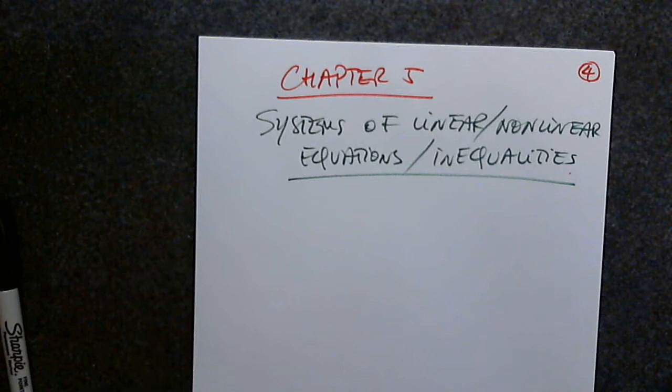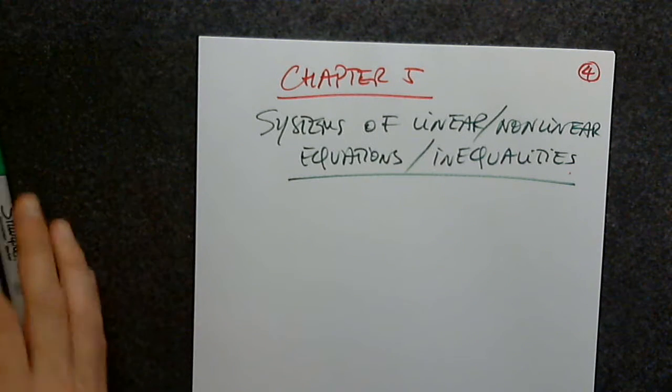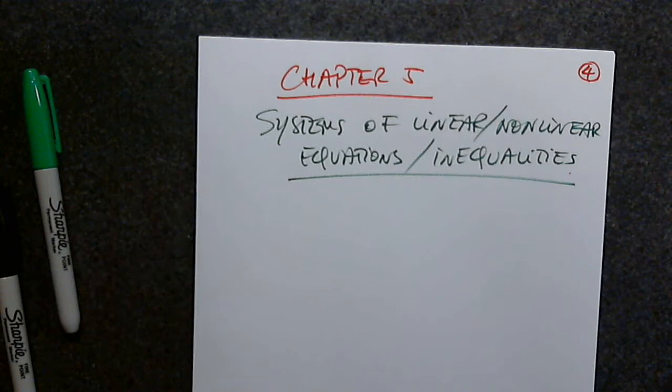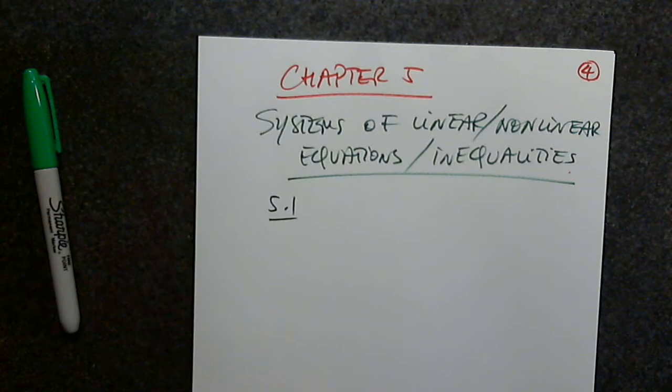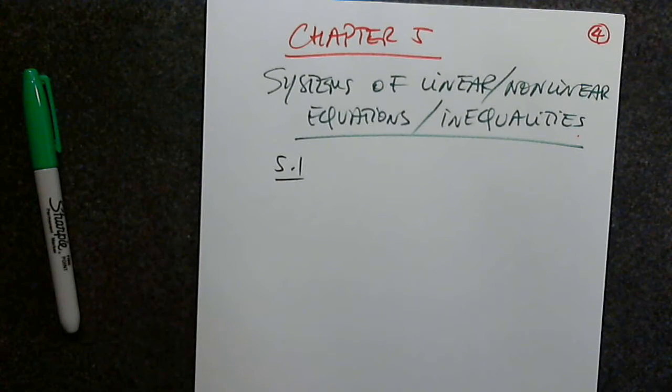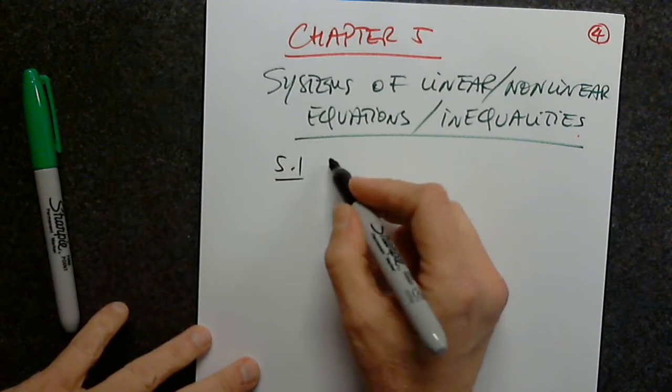I guarantee you that you will remember at least 60% of what we are reviewing right now. I have no doubt. Okay, so in 5.1, we are looking at solving systems of linear equations in 2 variables.